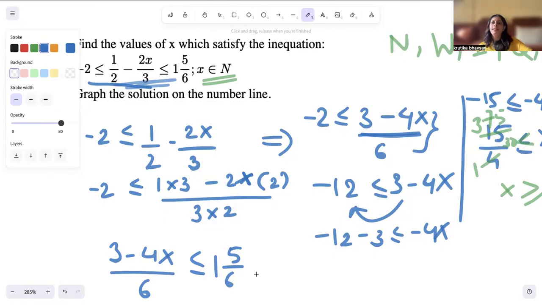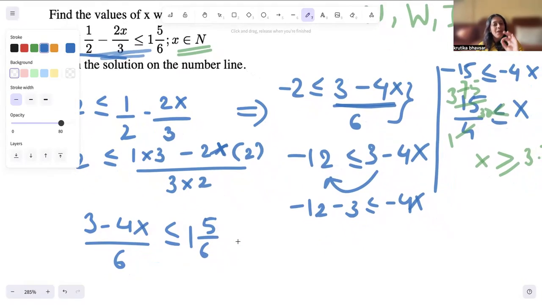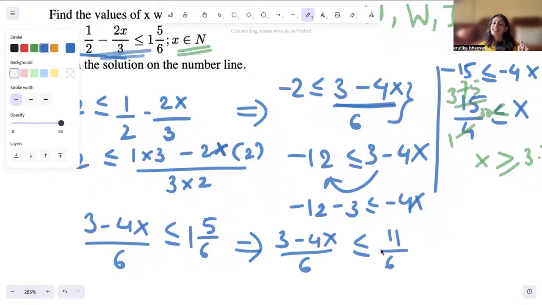Now, how do you solve this? We know it very well. So let's quickly get into the solution: 3 minus 4x is less than or equal to 6 ones are 6 plus 5, which is 11 upon 6. 6 is divided on both sides, so I am very nicely going to reduce it. So it's cancelled.